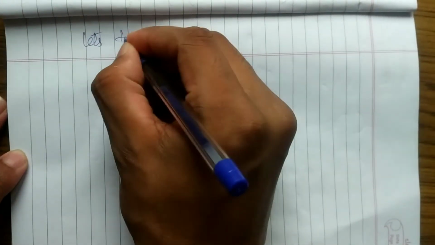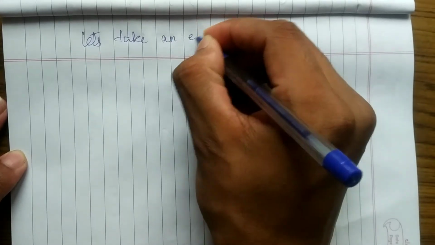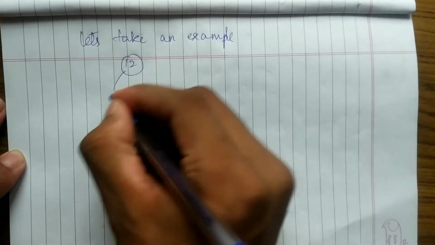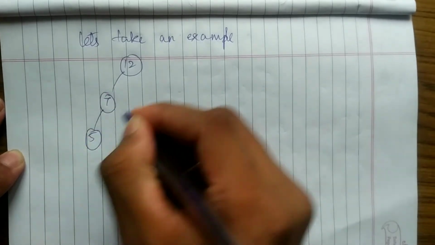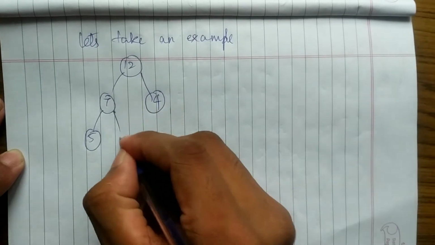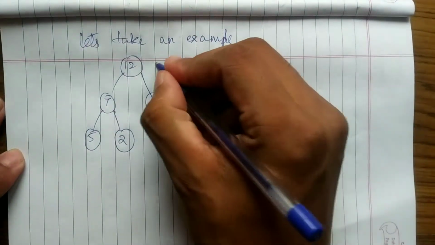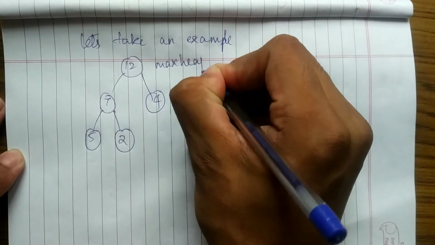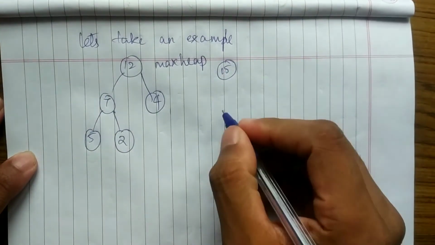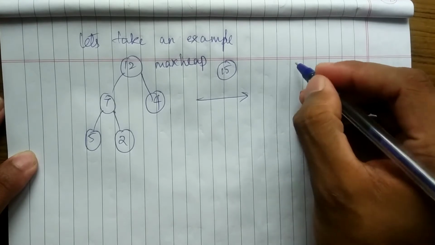Let's take an example. This is a max heap. So if we want to insert an element 15, we should insert it always at the end position.